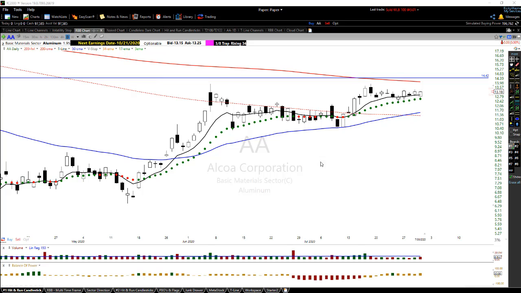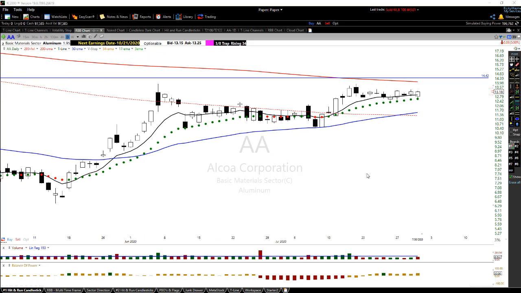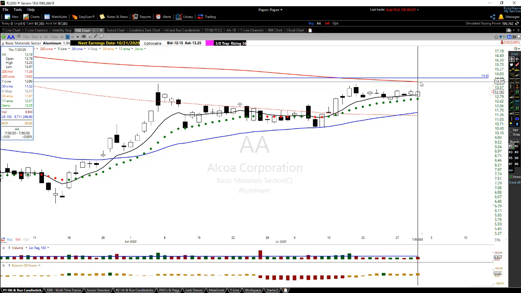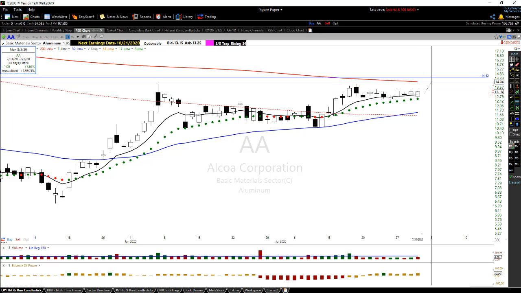Double A here, AA. AA is one of our rounded bottom type trades. It's not exactly a rounded bottom breakout because there's just not enough room between price and the 200. We generally look for 10%.